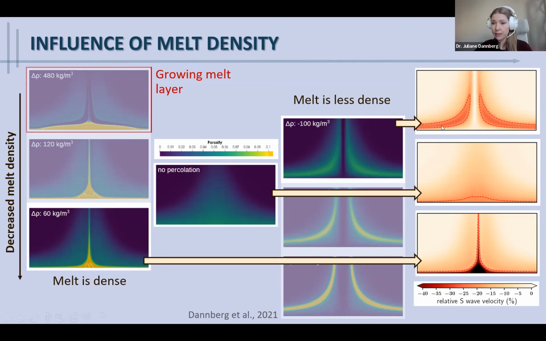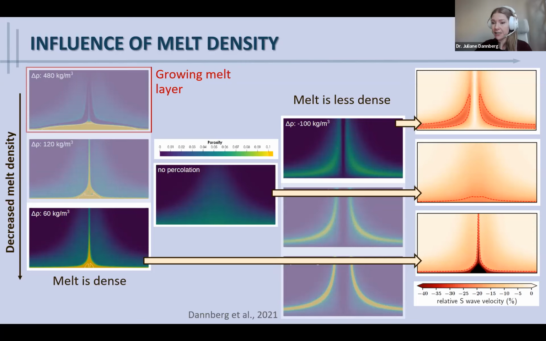What's also interesting is that if we look at the tops in this model, the top of the ULVZ would be quite sharp. Conversely, if we look at the model where melt is not allowed to move, we still get a velocity reduction because of the partial melt. And depending on how much melt we have, we could also reach the 30%.